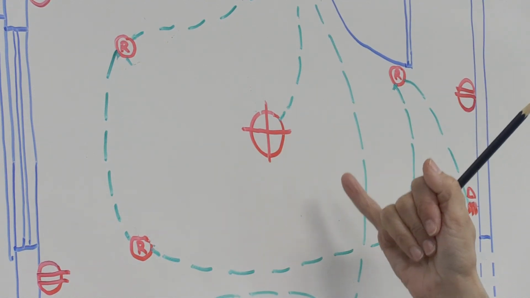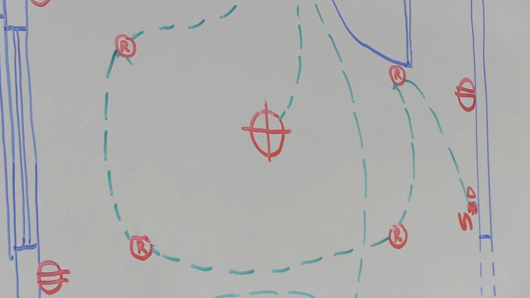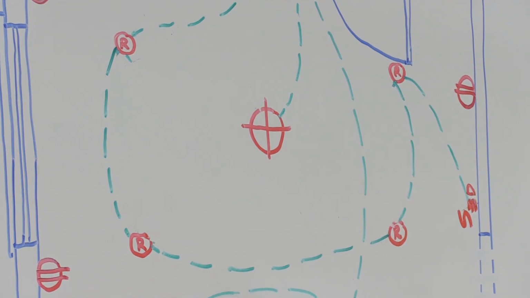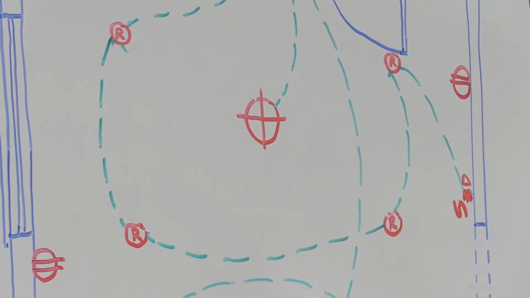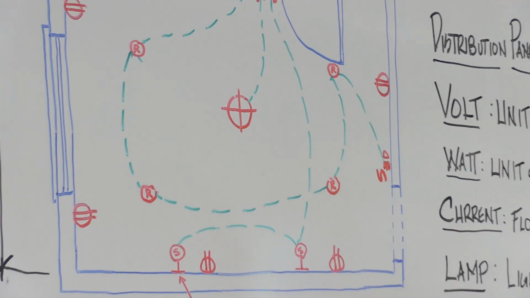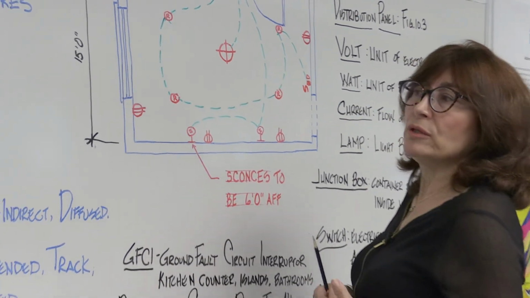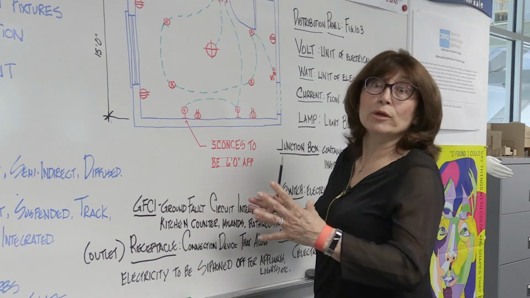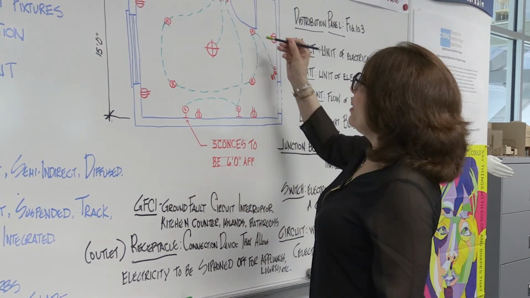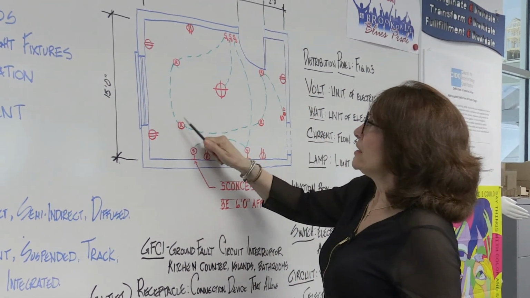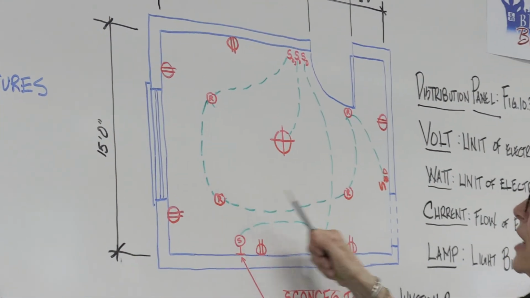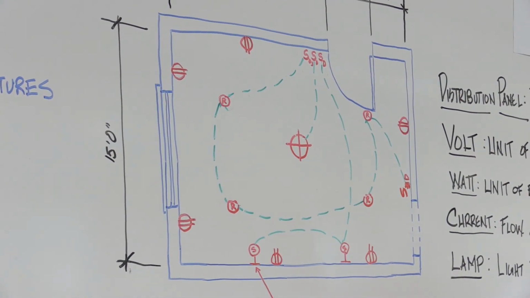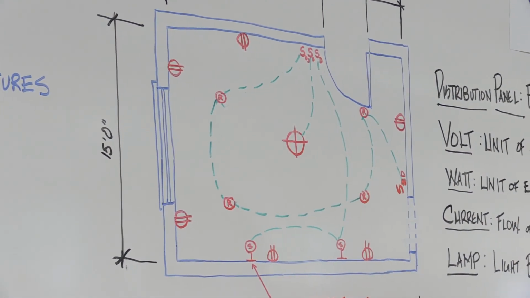That's my choice, but I wanted to have something that will create a focal point in the room and will also be able to give some task lighting for eating. I've also placed recessed lighting. The recessed lighting will give me general or ambient type lighting.